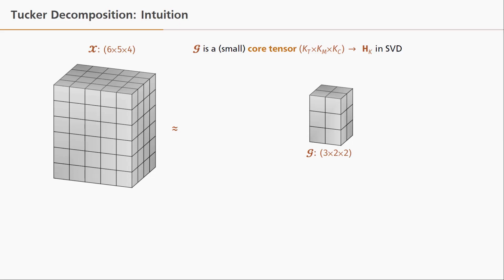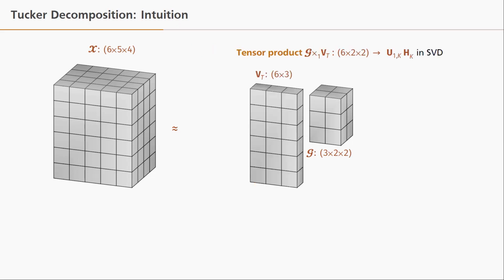This will correspond to the H matrix in the SVD. Then all I do is multiply the tensor by what's called a loadings matrix, V. VT is the first loadings matrix, 6 by 3. If you multiply this tensor by that matrix along the first dimension, the dimension changes from 3 to 6.